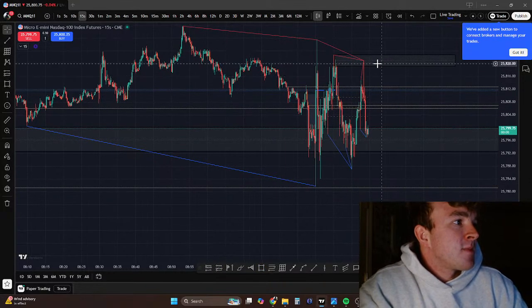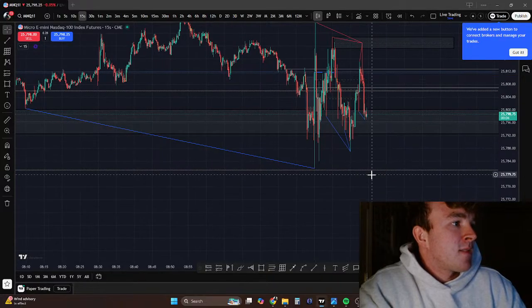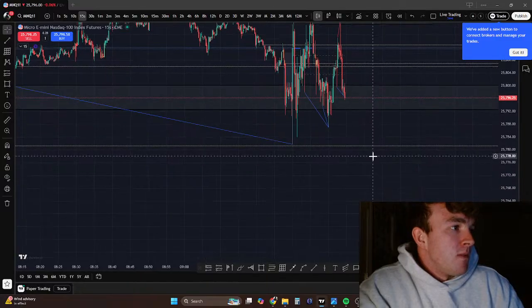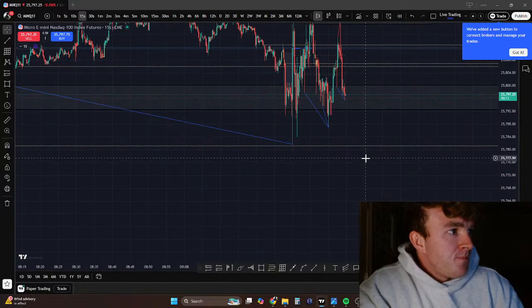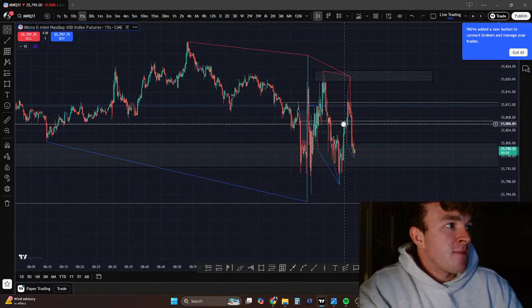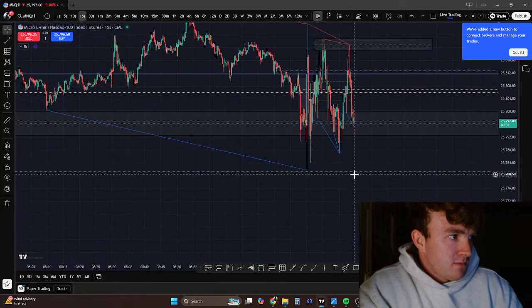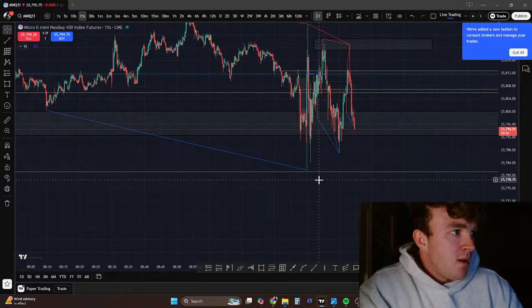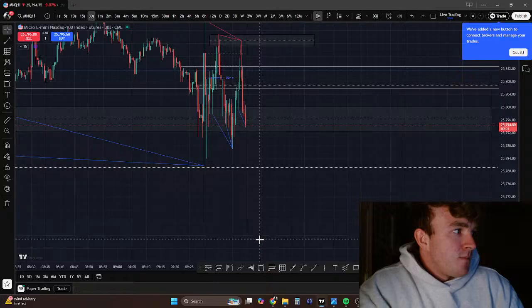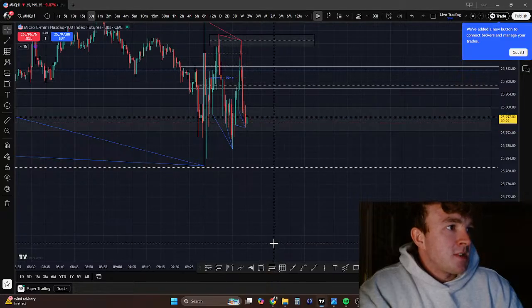See rejection block with SMT, we came and tapped consequent encroachment. And the more I learn, it's just a reactionary game. Okay, we just inverse that.